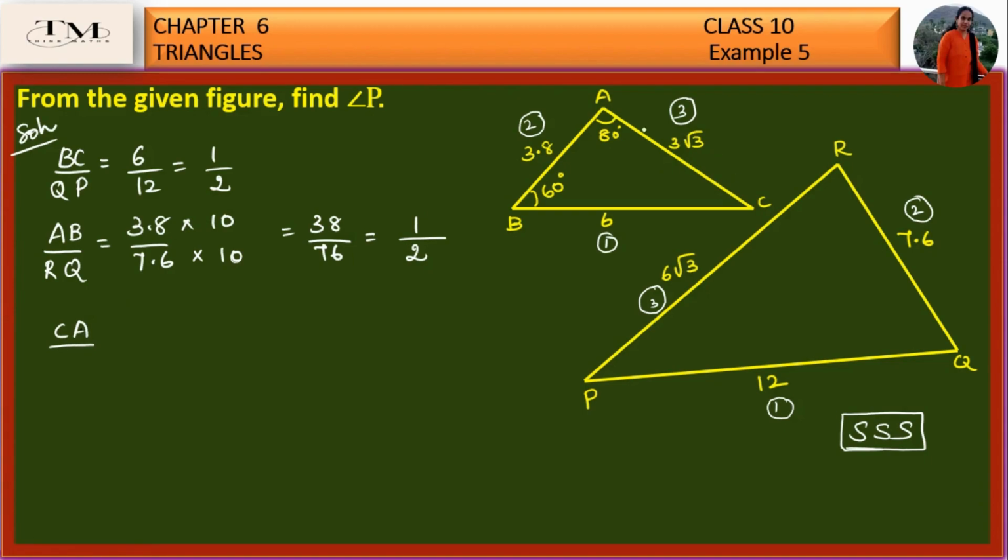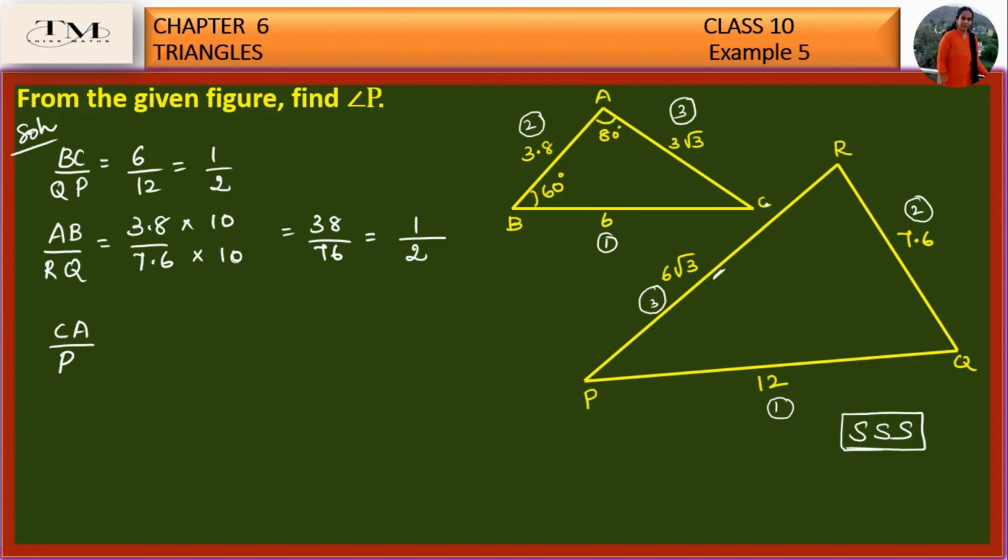So CA. Where is C? C lies between 1 and 3. Here this is the line, the third place. So who lies between 1 and 3? P. Next A. A lies between 2 and 3.